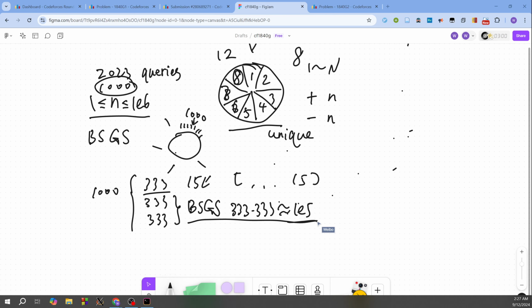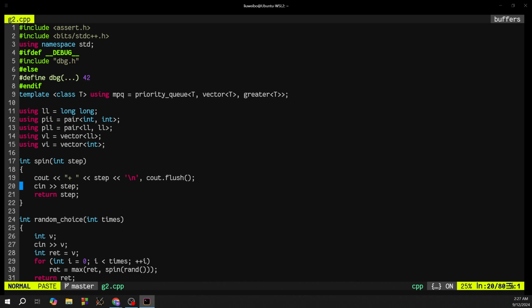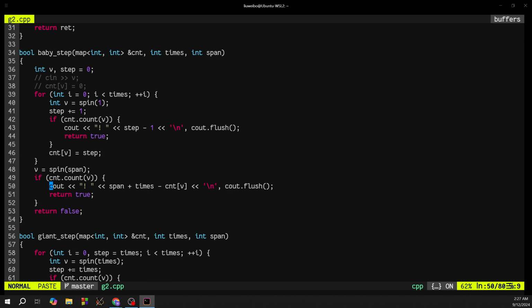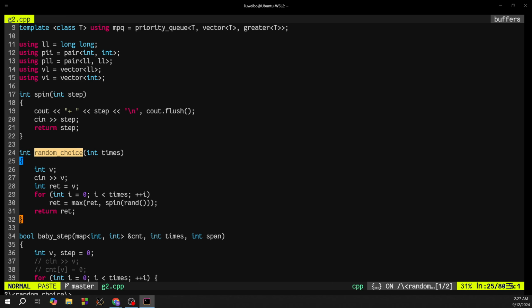So let me show you the code there. Basically the same logic there, but before we try to do BSGS, we do some random choice. So notice that still at the beginning, we can directly read the indicator given by the program.